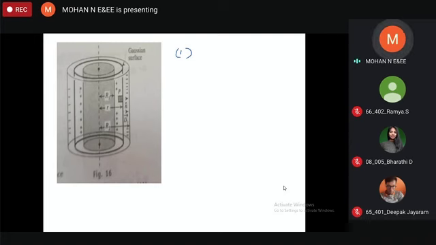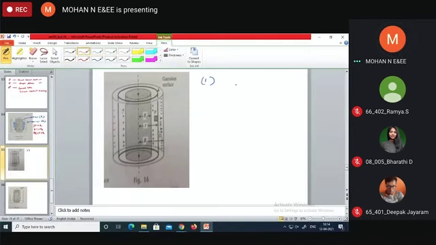So this is the case where your Gaussian surface is outside the inner cylinder and inside the outer cylinder, that is R is greater than R1 and less than R2.